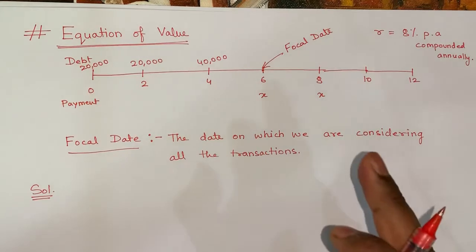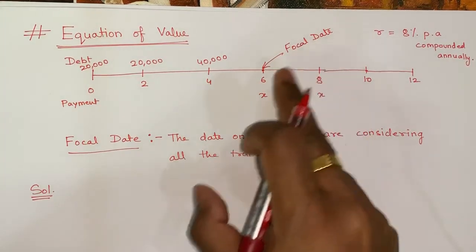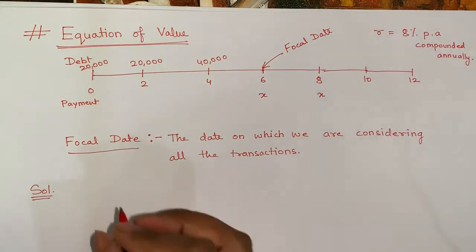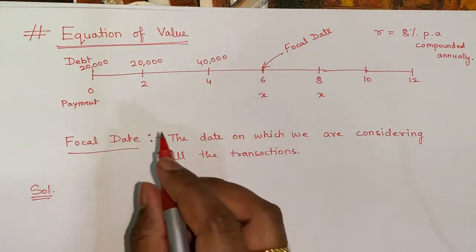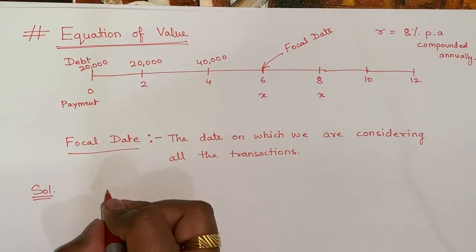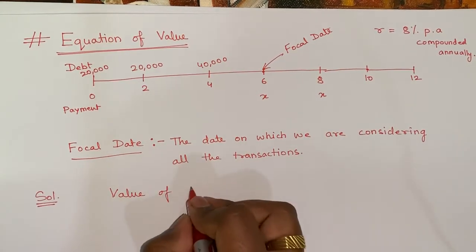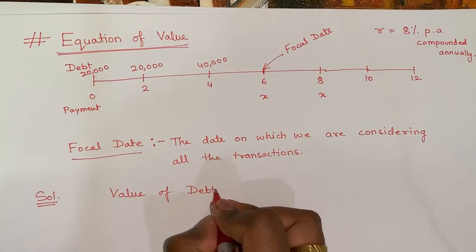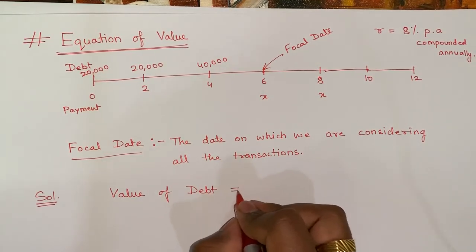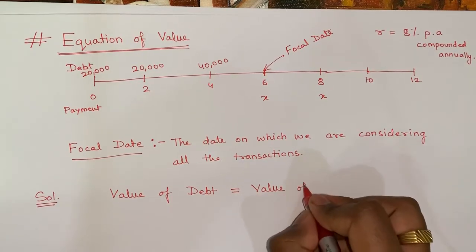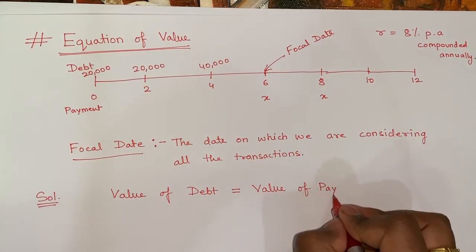So in this case, if you consider 6 year to be the focal date, the formula for equation of value is value of debt on the focal date should be equal to the value of payments.